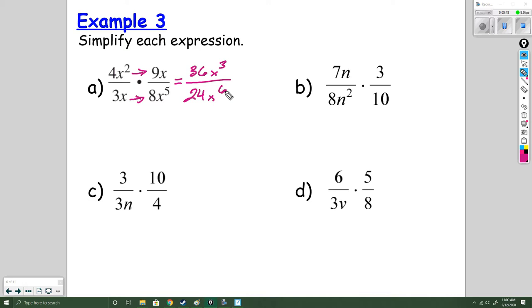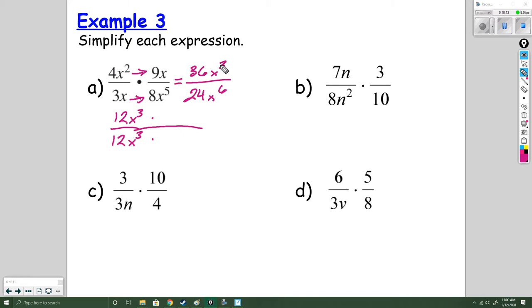And now from here, what we could do is cancel out the common factors. So 36 and 24, the greatest common factor there is 12. All right, x cubed and x to the 6th, the greatest common factor there is x cubed.